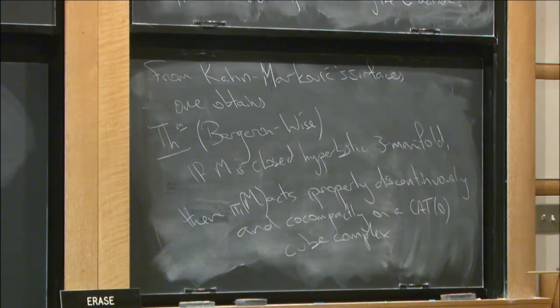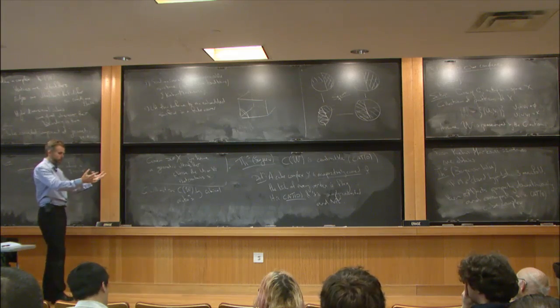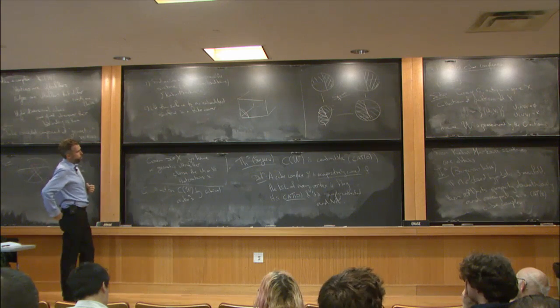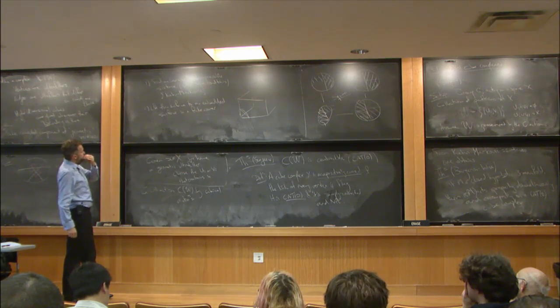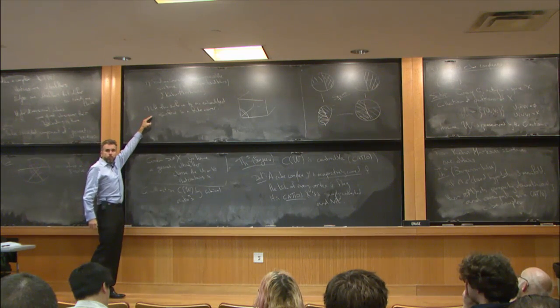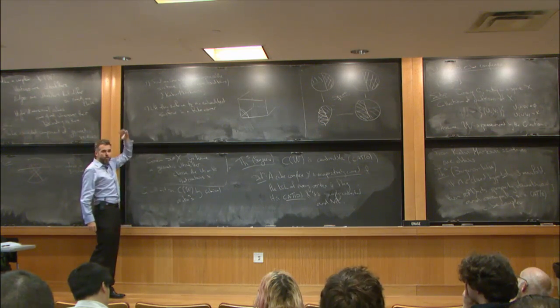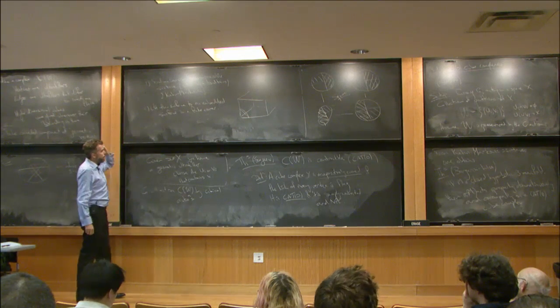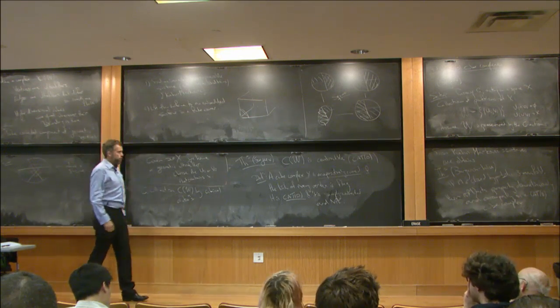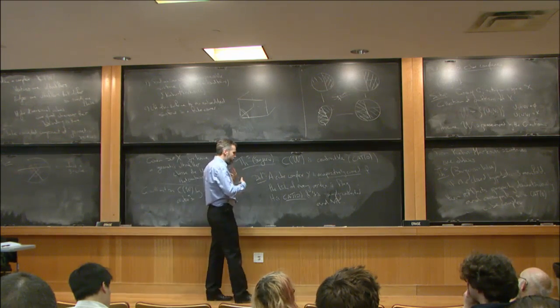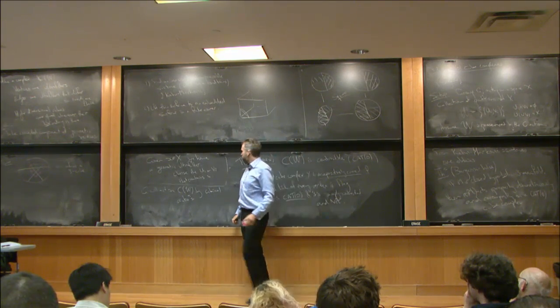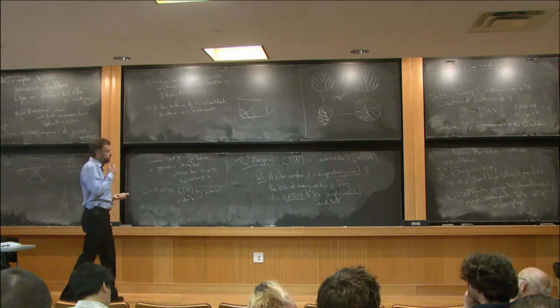In the work of Wise and his many collaborators, he spent many years clarifying exactly what kinds of properties you might want for a CAT(0) cube complex with a group action, or the quotient cube complex, it's non-positively curved, to be able to carry out step 2 of this construction. We want to know about lifting immersed things to embedded things in finite covers, and certain kinds of cube complexes are very amenable to having that work out for you. And those certain kinds of cube complexes are called special cube complexes.